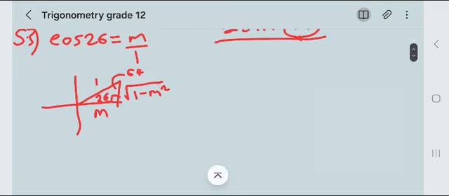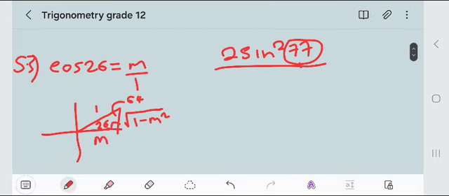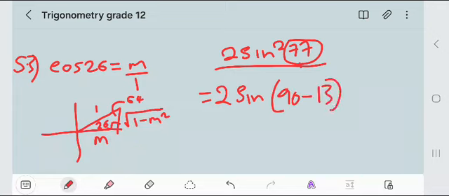So, ladies and gents, without wasting time, we'll have 2 sine squared of 90 minus 13. We have not changed anything.